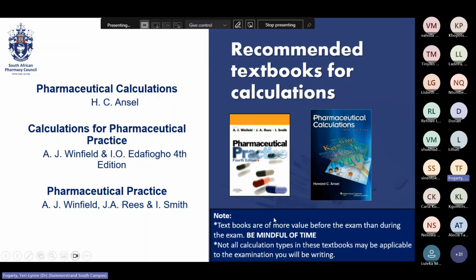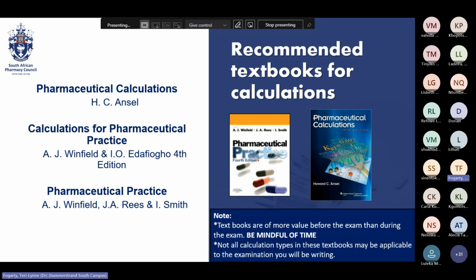And so there are some textbooks that are recommended for you to start preparing for the calculation section of the exam. We recommend a book called Pharmaceutical Calculations by H.C. Ansell. But remember that these calculation textbooks have a lot of calculations in them, not just those for a basic assistant.